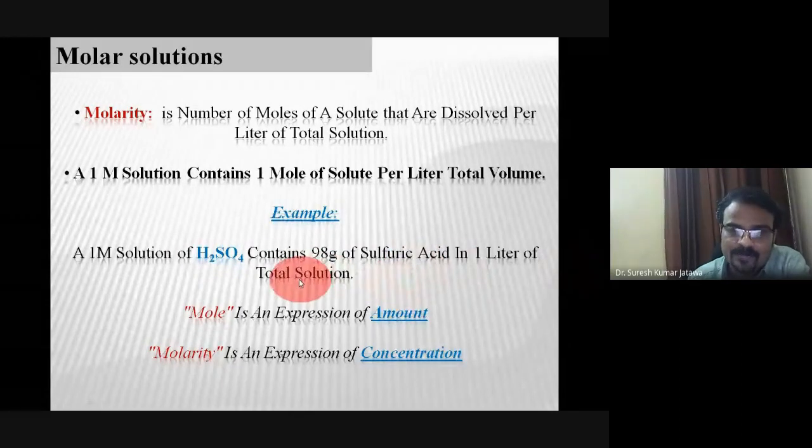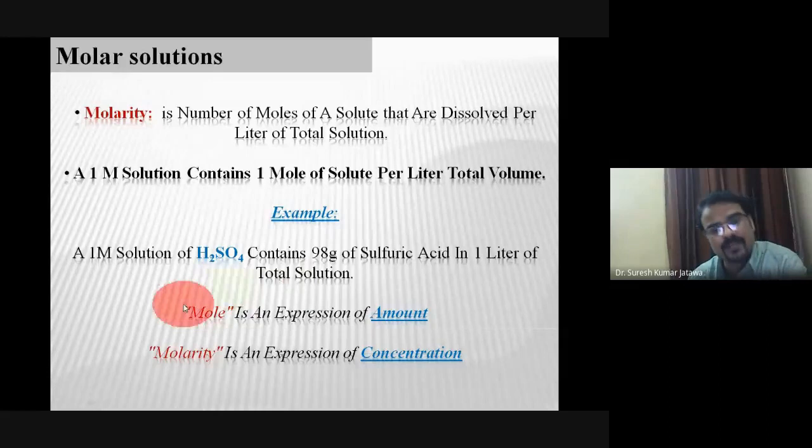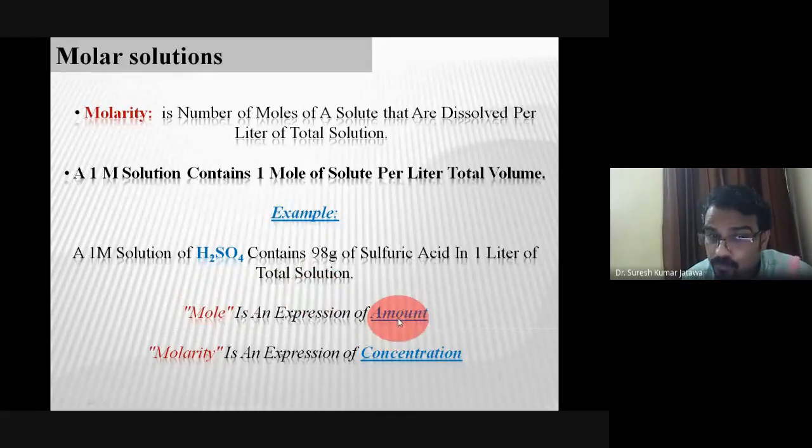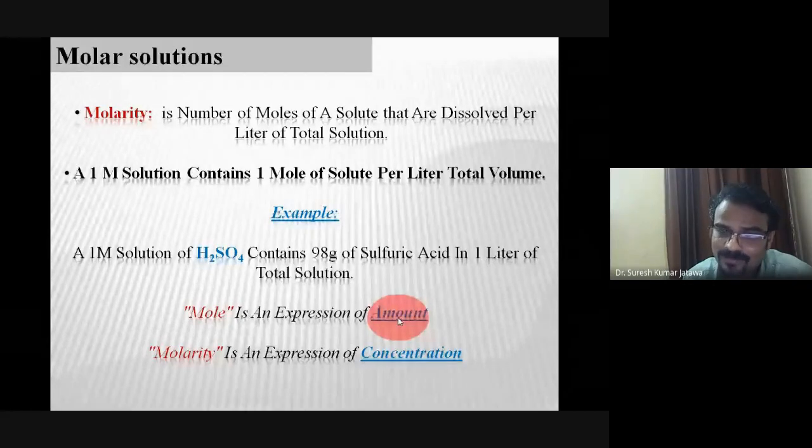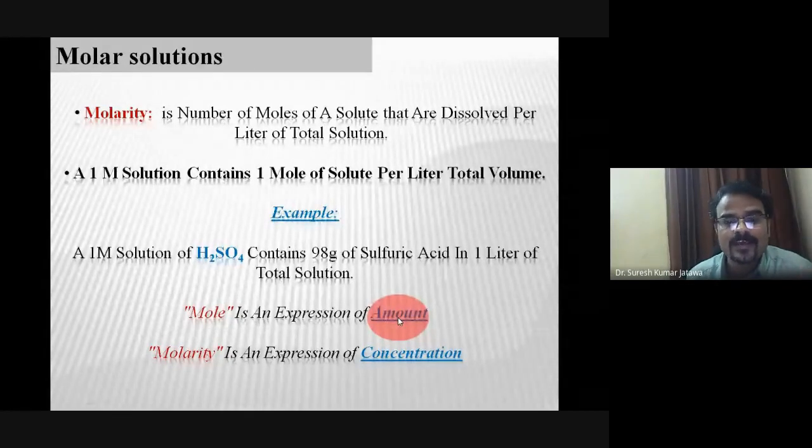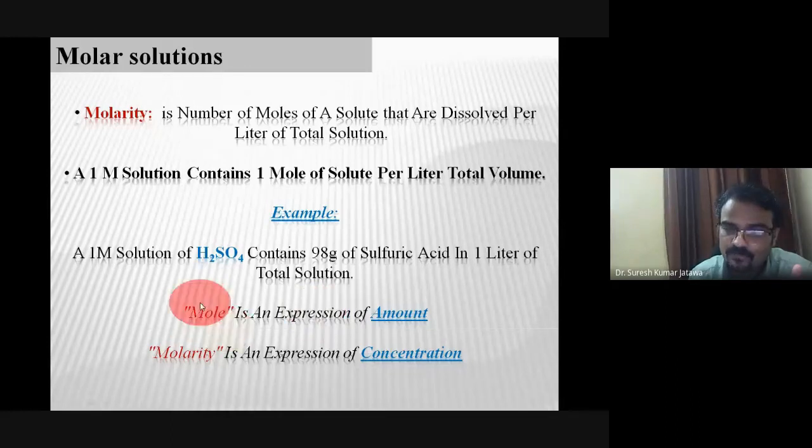So always remember, mole is an expression of amount, the amount of solute dissolved per liter of solution. It is only the amount of solute. The mole is the unit of amount of solute, whereas molarity is an expression of concentration that a particular solution has. So molarity is different, mole is different.